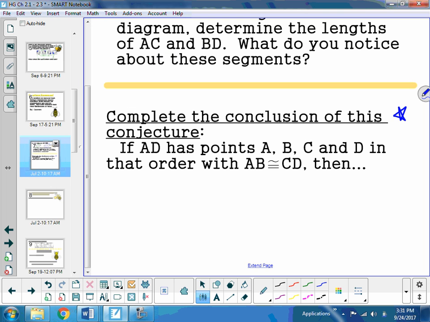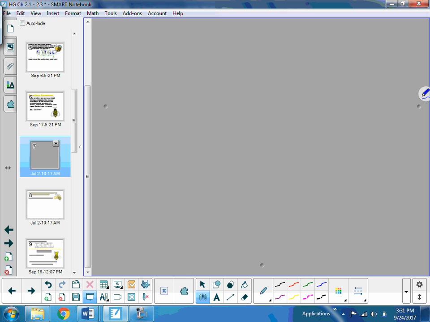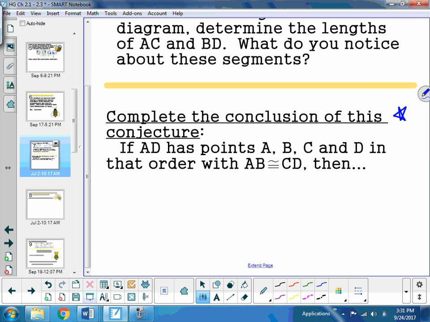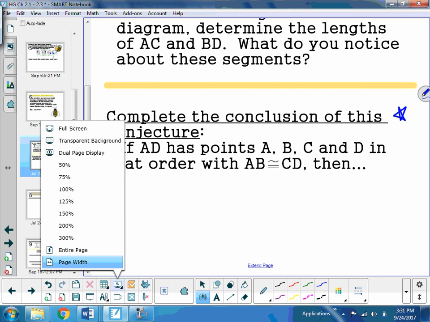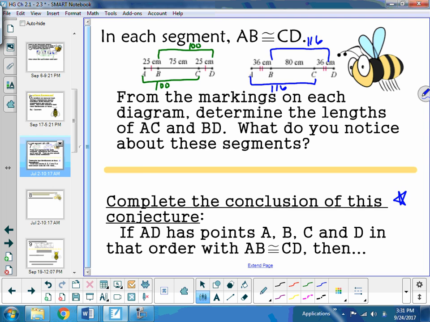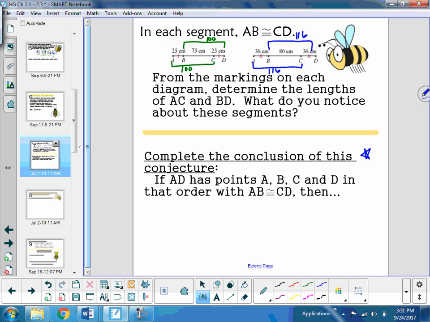Well, we can conclude that, let me put that on our screen. Oh, sorry, wrong button. There you go. All right, so we can conclude that if we add, because AB is congruent to CD, we have already said that.